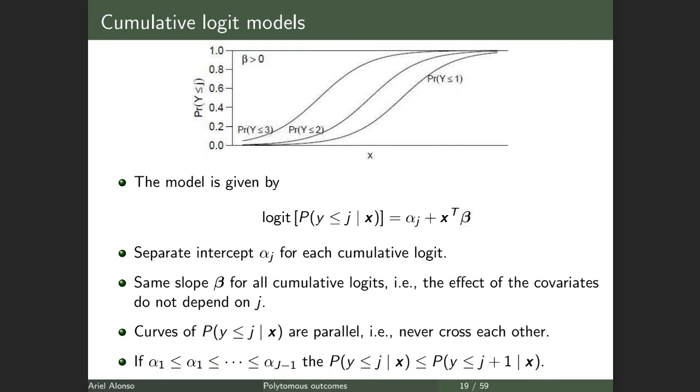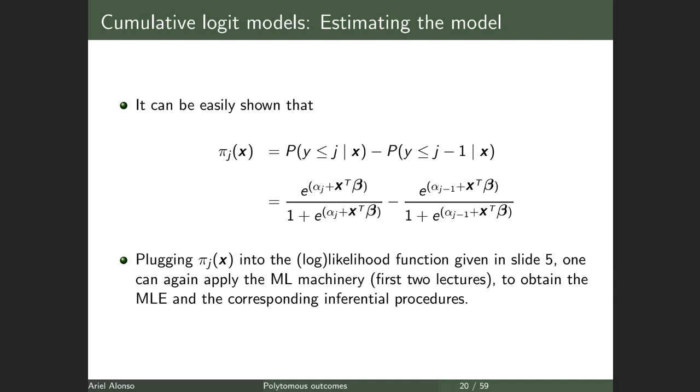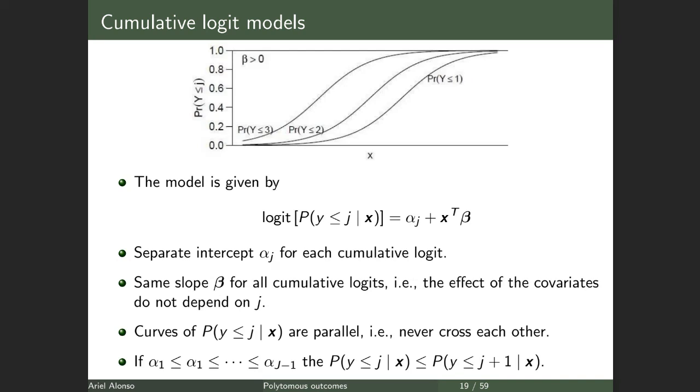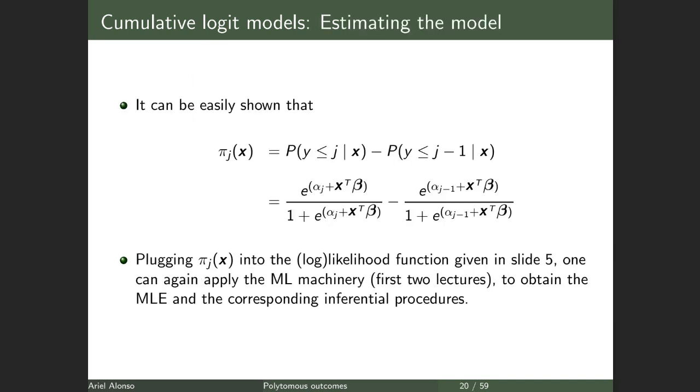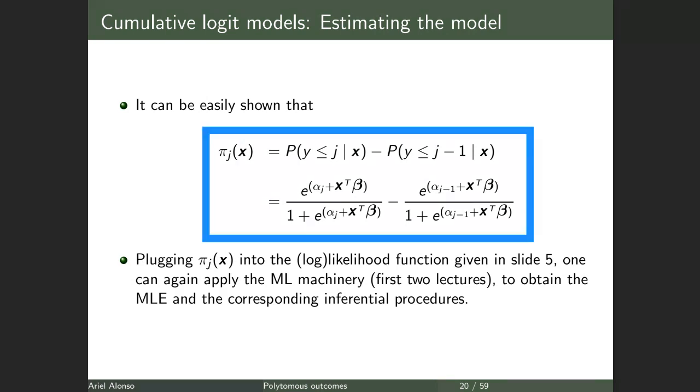Okay, that's your model. Now, you can show that if you are using this model over here, then the probability of having response J can be calculated in this way. And once you have these probabilities, how can I estimate the parameters?